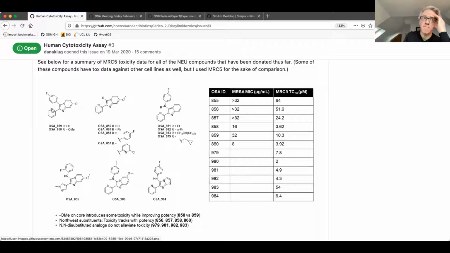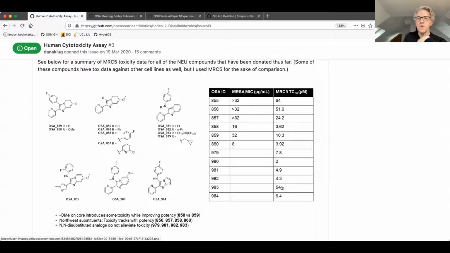Many of these compounds have the 2-pyridine motif. The one that doesn't, 855, is the one with the least toxicity. But we were a little heartened by some compounds that had the motif. So 856 has a 2-pyridine motif, didn't look particularly toxic, but was inactive.